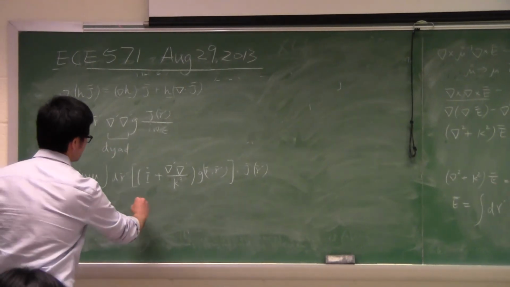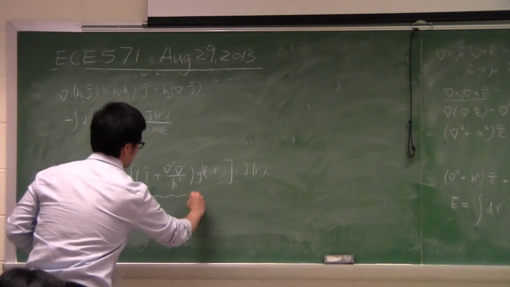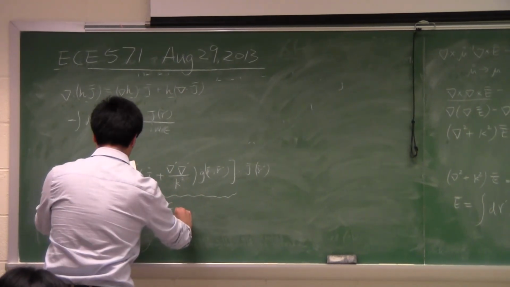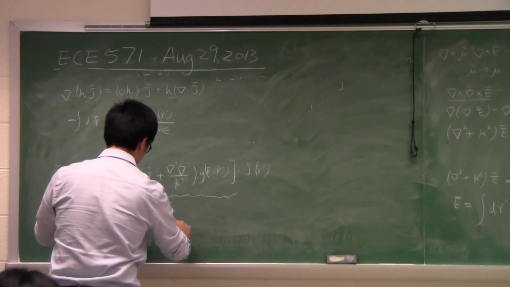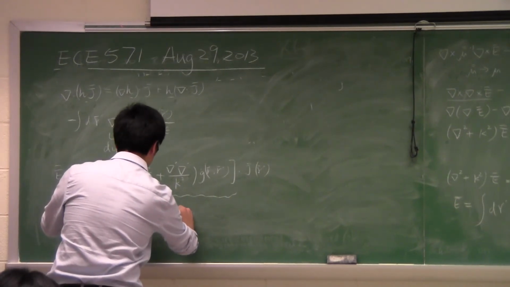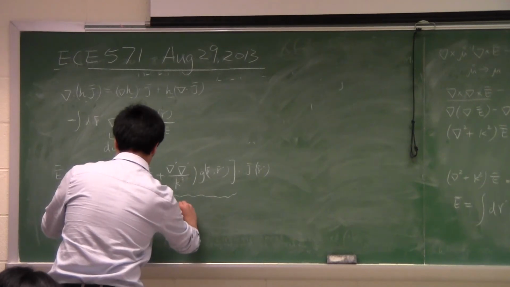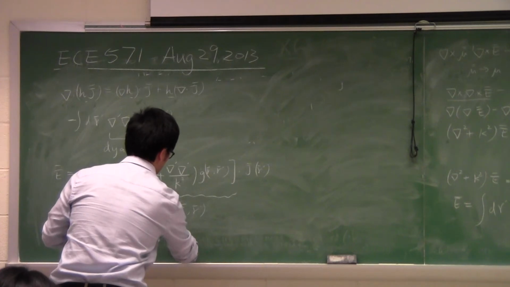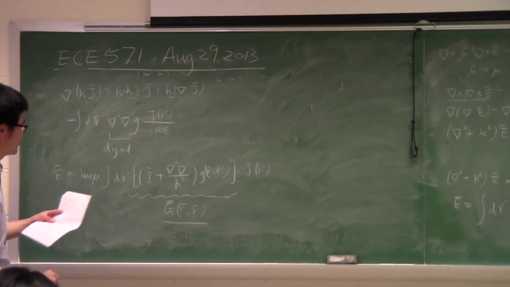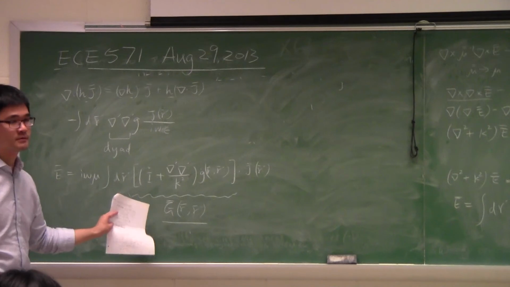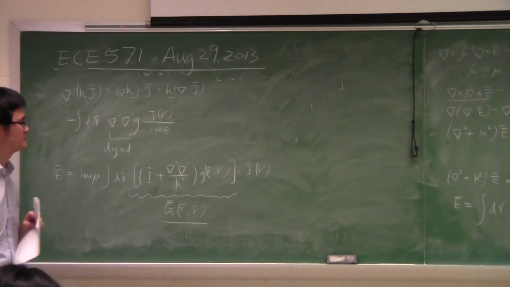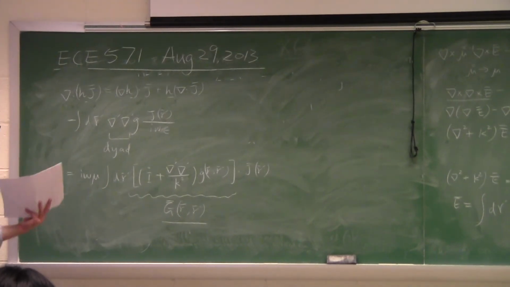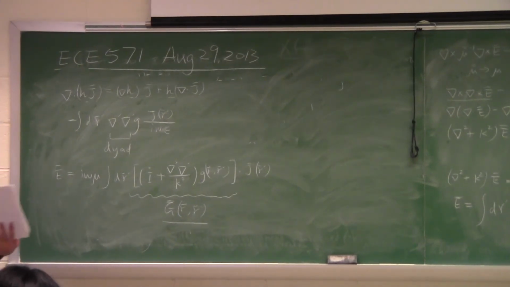So now we can call this the vector Green's function, or dyadic Green's function. We can see this is actually a tensor. The tensor dotted with your source gives you a vector, and the inner product will generate the electromagnetic E field.